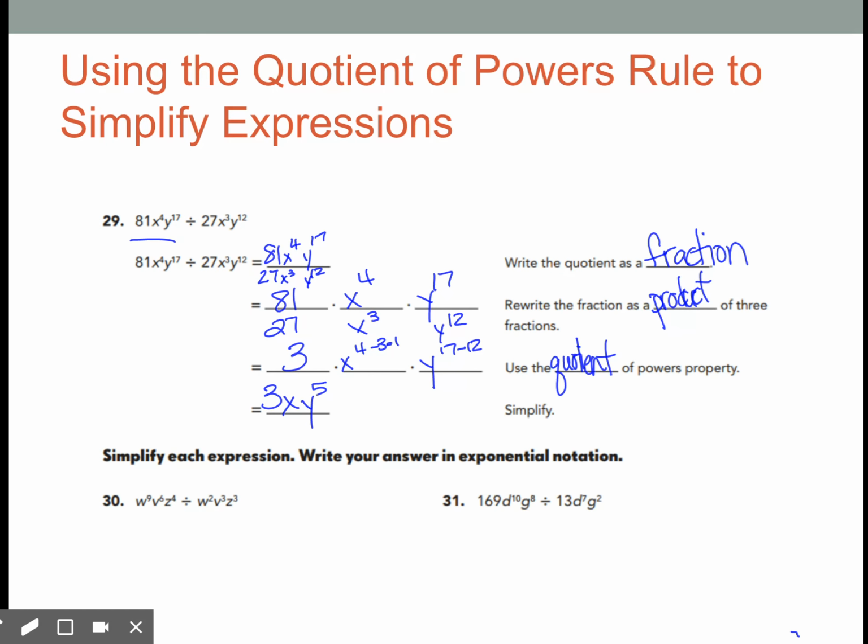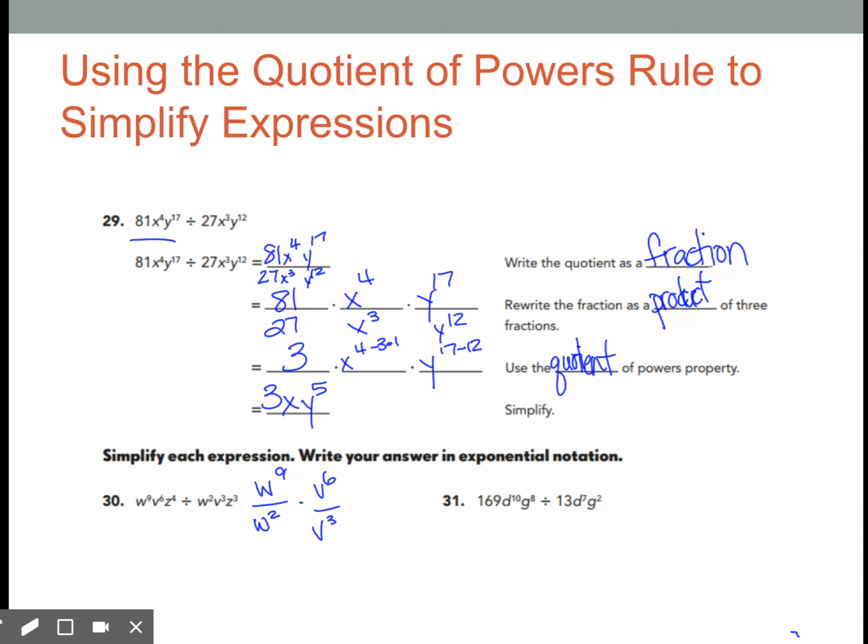Let's try another one here. We have w to the 9th, v to the 6th, z to the 4th, divided by w squared, v to the 3rd, times z to the 3rd. I'm going to start out with separating those out into their own fractions by term. I think you guys can see that that's an easy step to start out with. So w to the 9th over w squared times v to the 6th over v to the 3rd.